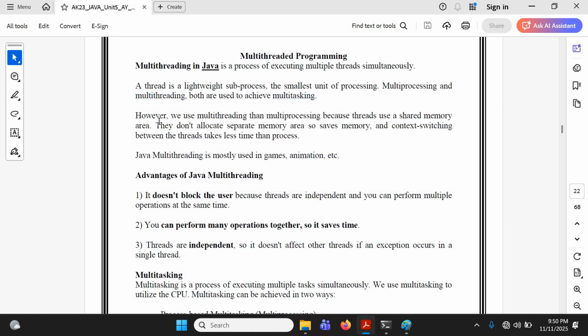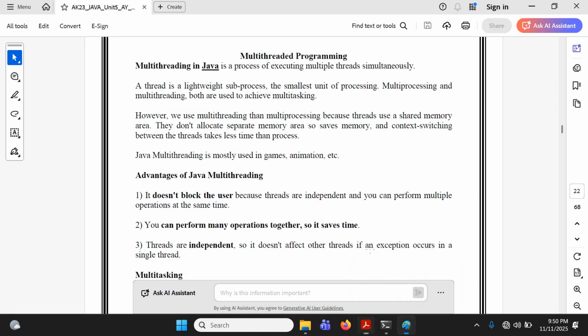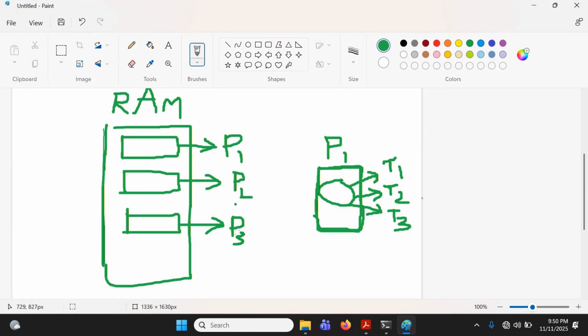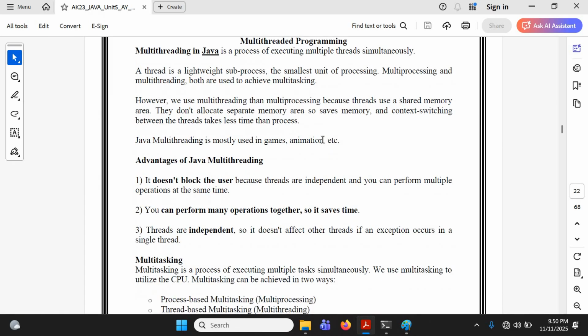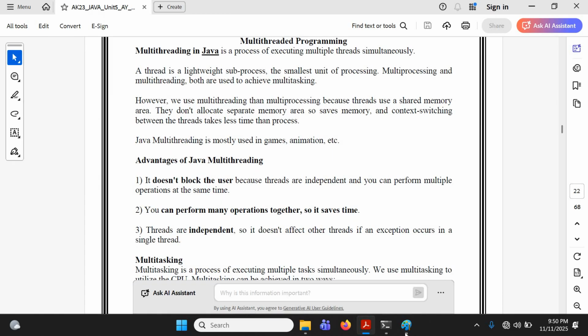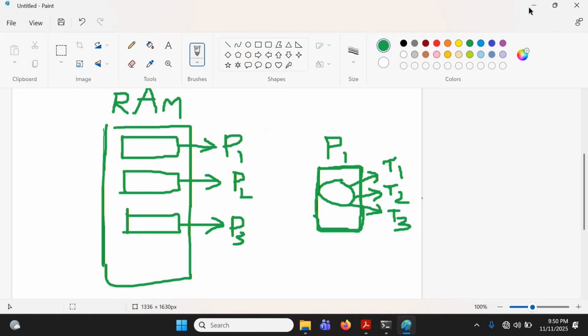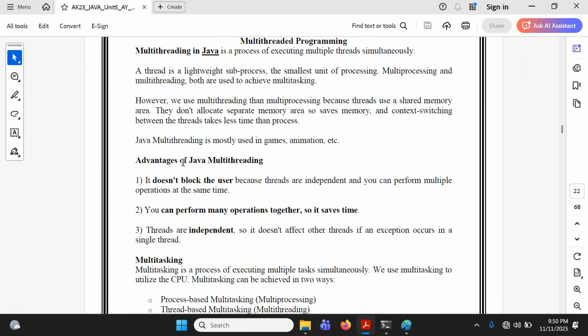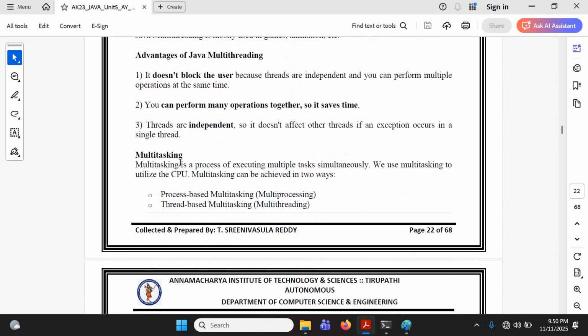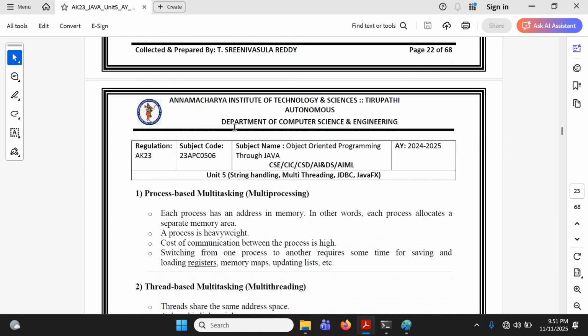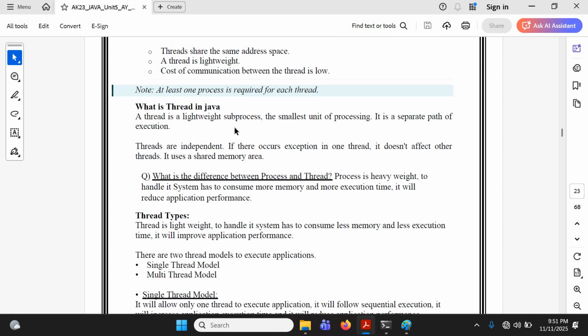Executing different processes is called multiprocessing, and executing different threads is called multi-threading. That is the only difference. Whatever I have covered in this example is available as theory in the theoretical topic. You can go through it.